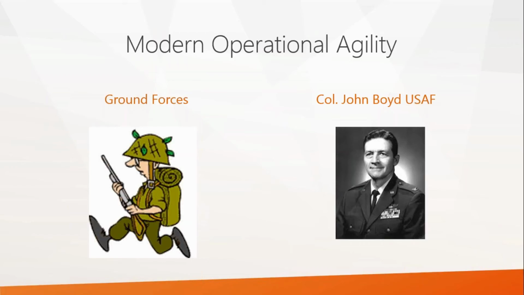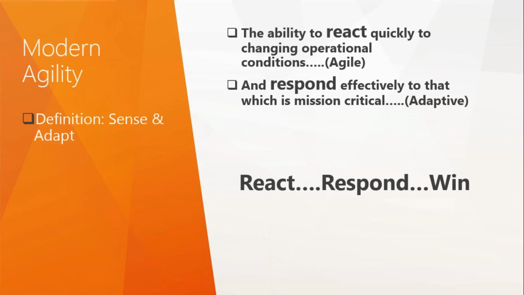So we can say then that modern agility is the ability to react quickly to changing operational conditions. And so we will kind of correlate react with agile, and then we can say that ability to respond effectively to that which is mission critical is adaptive.